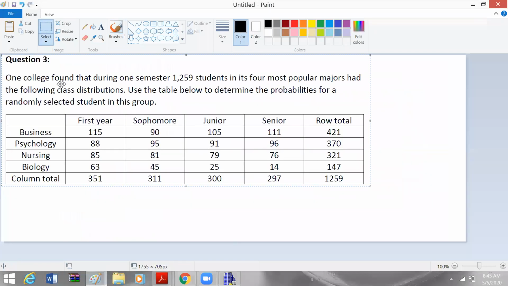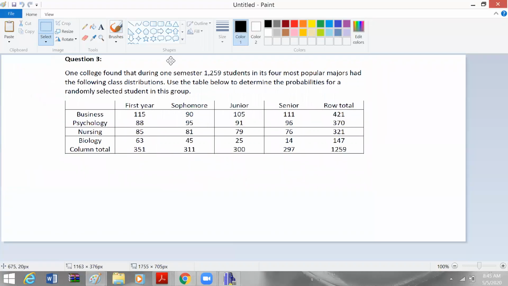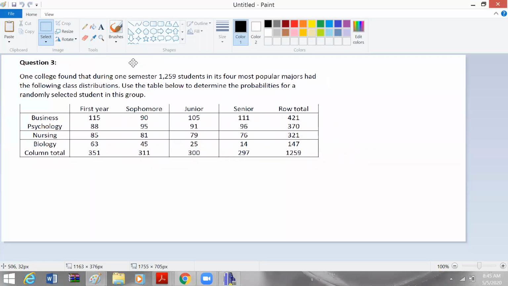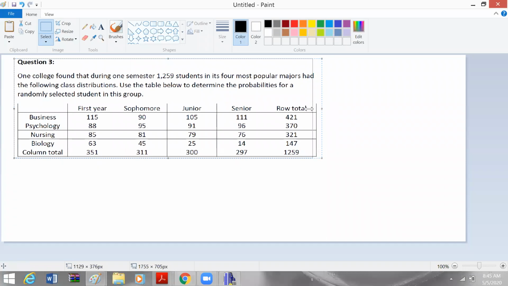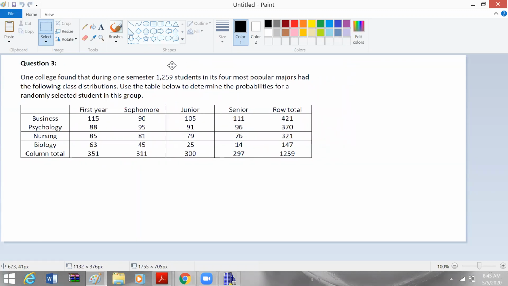Okay, just want to say sometimes for this type of question we're not going to spend time working on it. And I'm going to write the solutions over here. So this is question number 3.